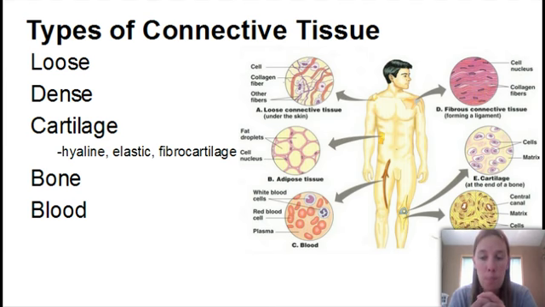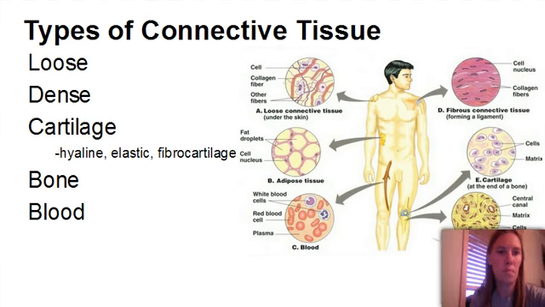We have elastic cartilage, where strength and stretchability are needed, and that's going to be your ear, where there's strength, but there's also flexibility. Then we have fibrocartilage, which is also very important because it has an incredible ability to withstand heavy pressure. In your vertebral column, you'll find the fibrocartilage, and that is very important for its compressibility.